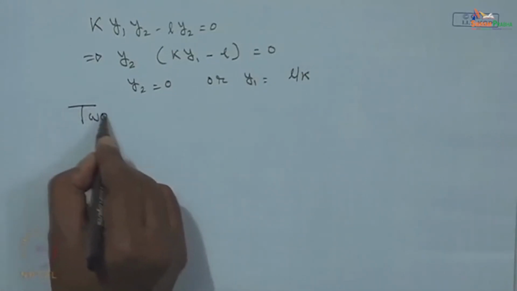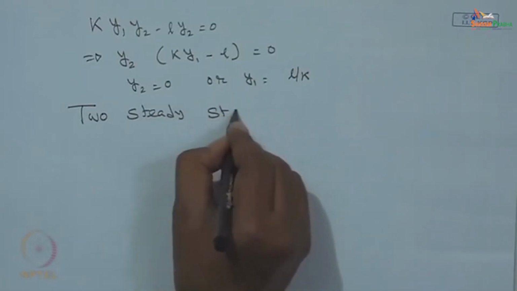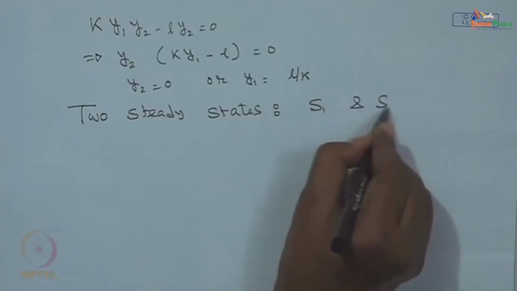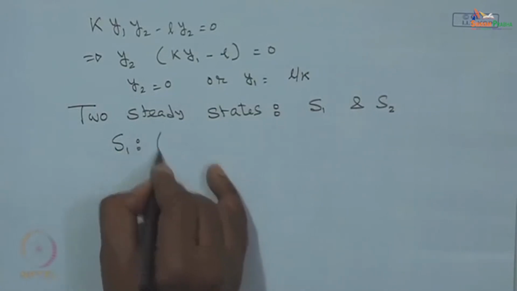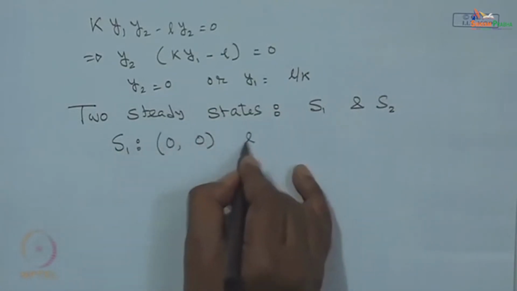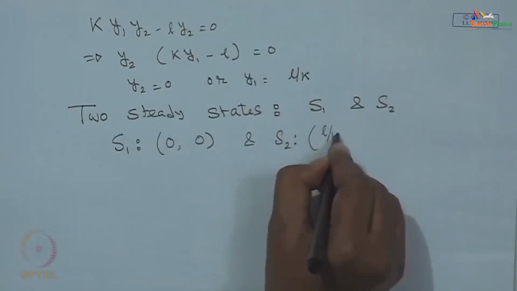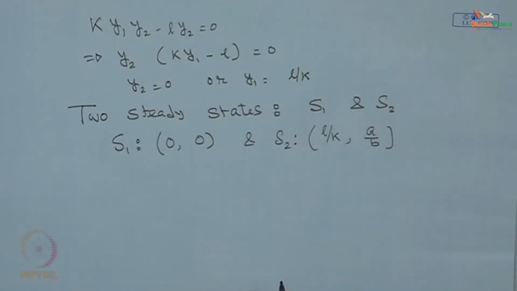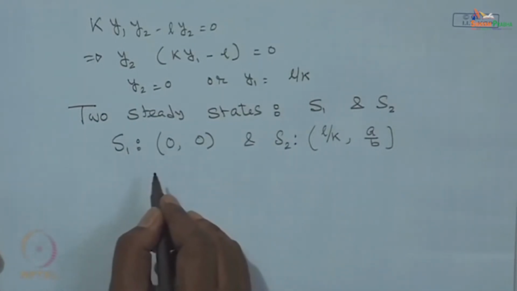These two steady states are denoted by S1 and S2, where S1 is (0, 0) and S2 is (l/k, a/b). So, these are the two steady states of this process, and we will check the stability of these two steady states one after another.